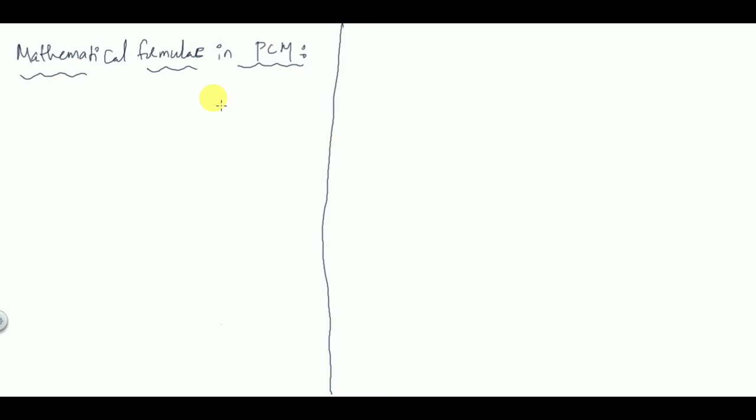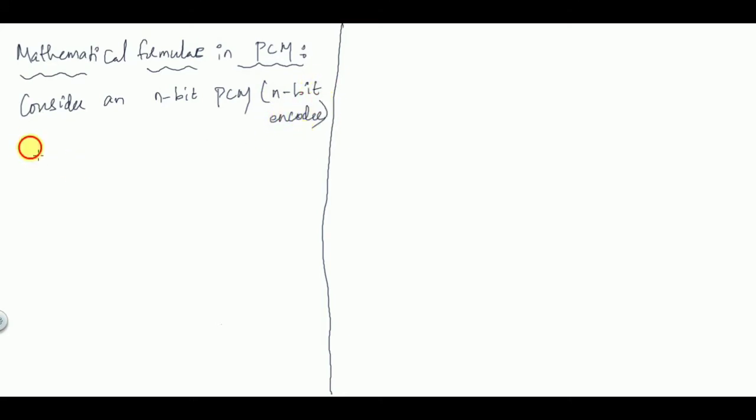Okay, right. So the first mathematical formula, so first of all consider an n-bit PCM. So I'm generalizing the concept, so you can use these formulas anywhere. For any n-bit PCM, consider an n-bit PCM, that means n-bit encoder.